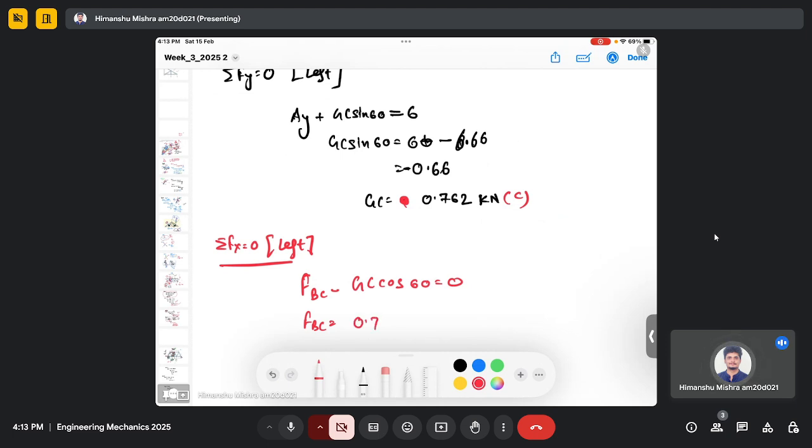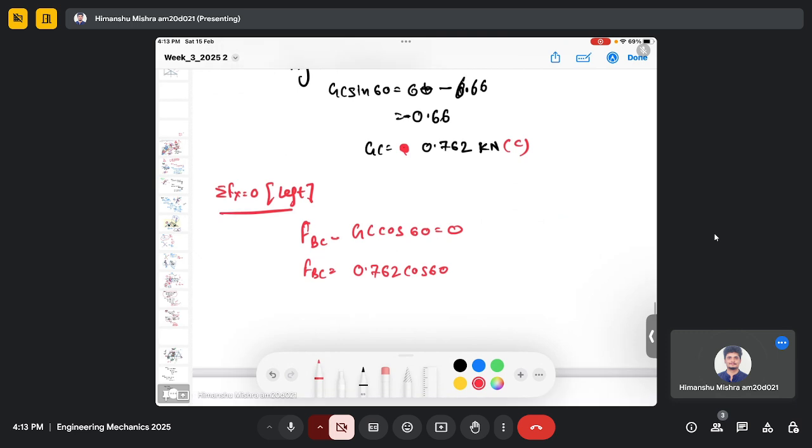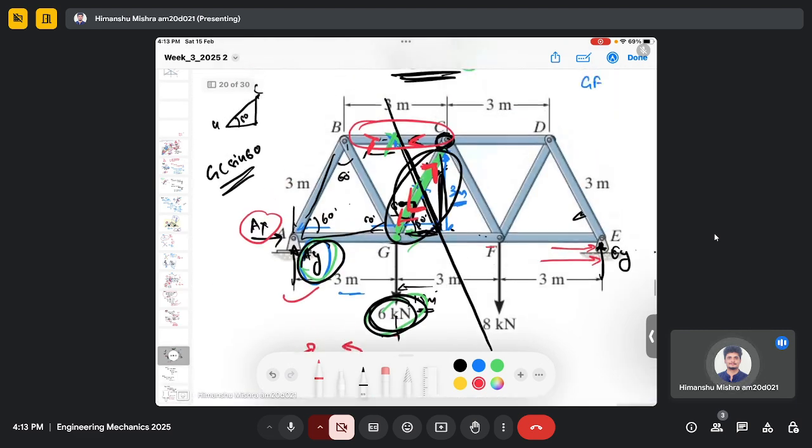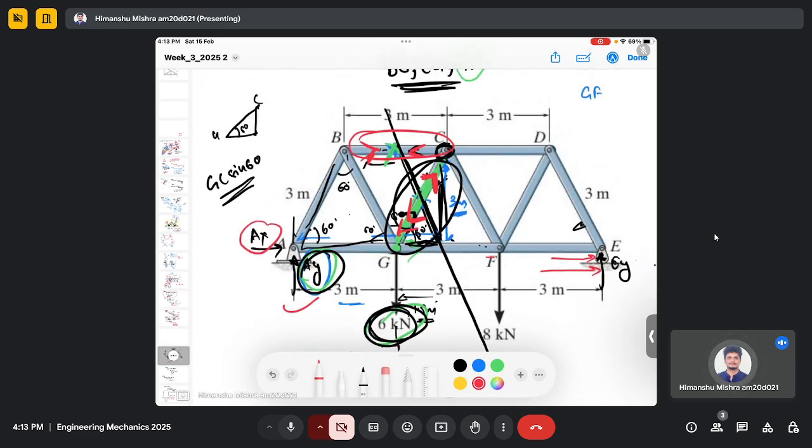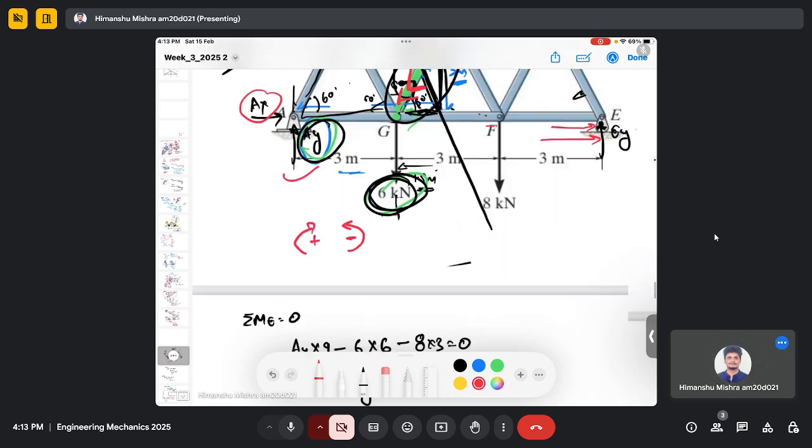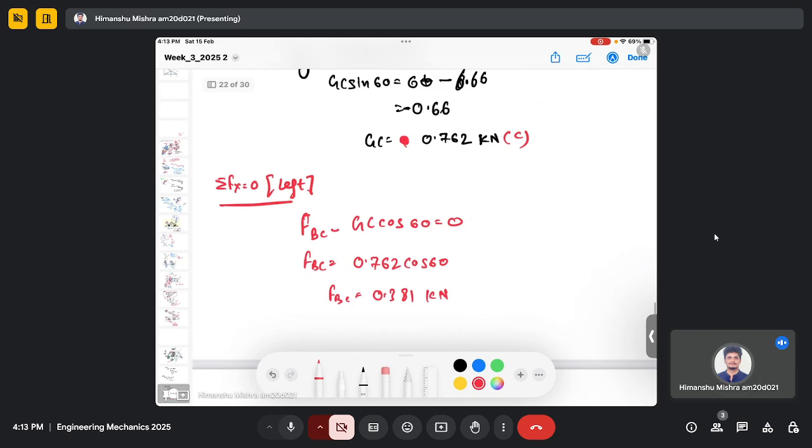GC is 0.762 cos 60, so it will give me 0.381 kilonewton. It's positive, so we don't need to change the sign, and it is going away from joint B. So it is a tensile force.